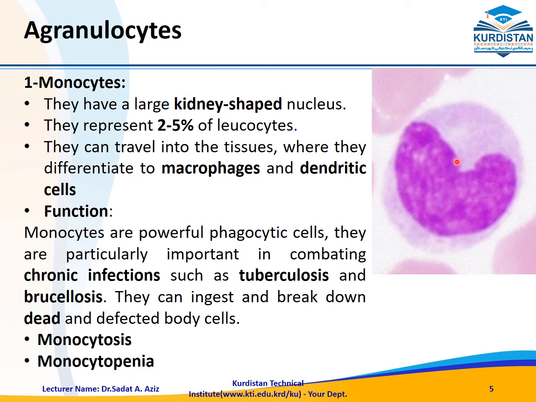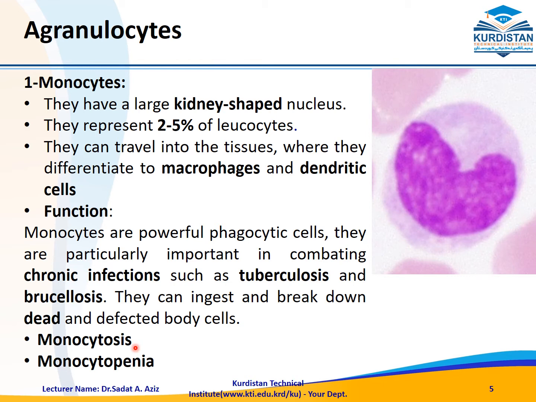Also they can increase during chronic infections such as tuberculosis and brucellosis. Tuberculosis is a disease which is caused by a bacteria called Mycobacterium tuberculosis or Mycobacterium bovis, while brucellosis is another chronic bacterial infection which is caused by a bacteria called Brucella, and we have different species or serotypes of Brucella.